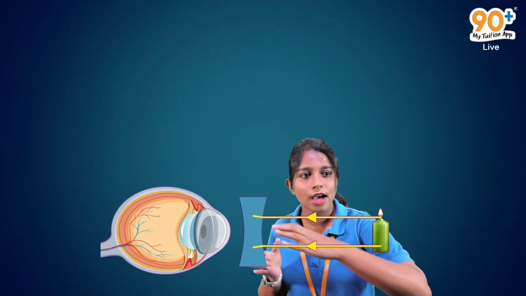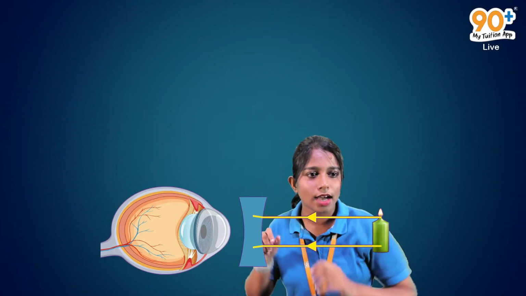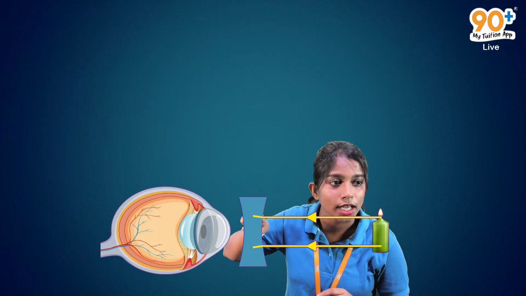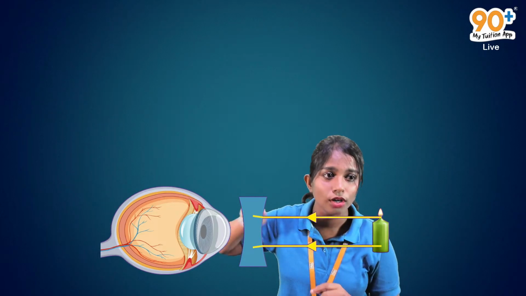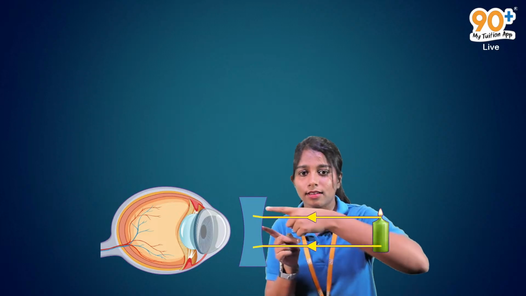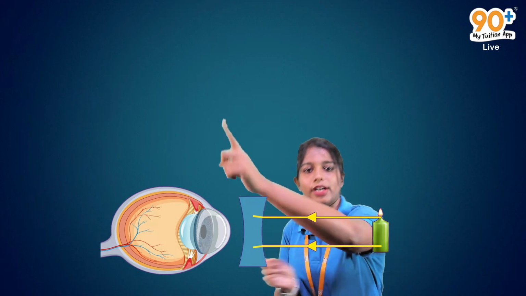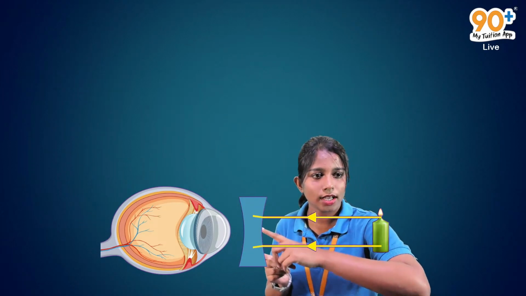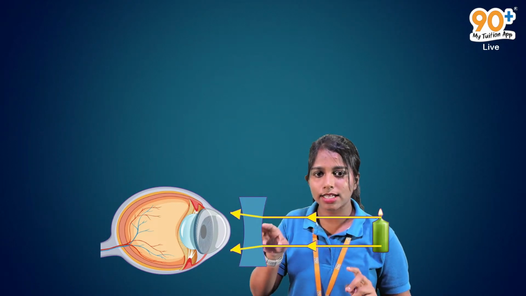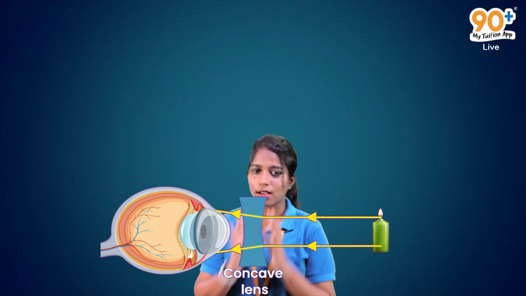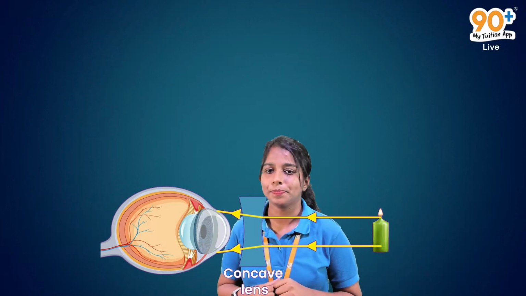So what happens? It diverges. Is it going straight away? No. It is going in different directions. Yes, you can see that. So this is a concave lens.